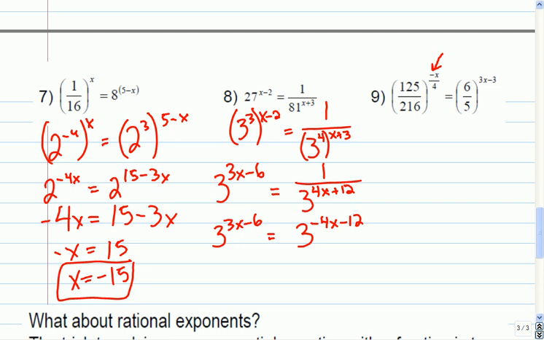So the equation that I get when I'm finished here is 3x minus 6 is negative 4x minus 12. So 7x equals negative 6, and x equals negative 6 over 7.